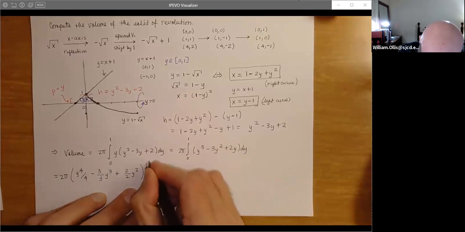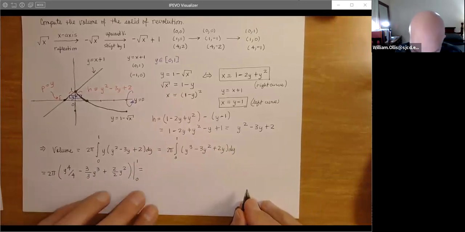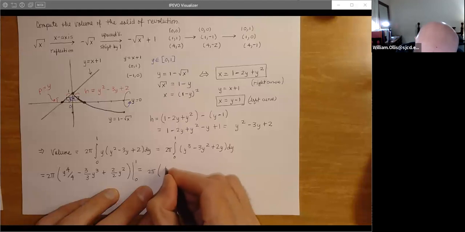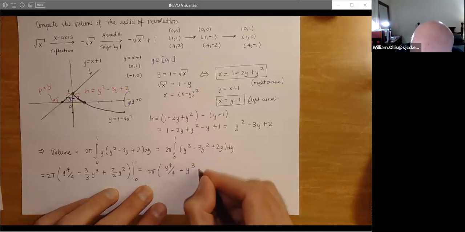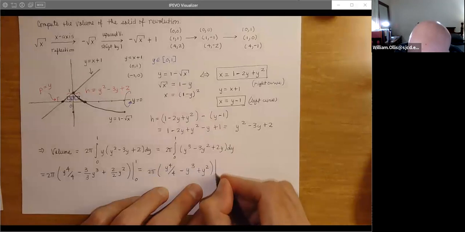Evaluate 0 to 1. Well, ones and zeros. How lucky, right? So we have 2 pi. I'll go ahead and reduce all of this. This will just be y to the 4th over 4 minus y cubed plus y squared. So go ahead and reduce that.